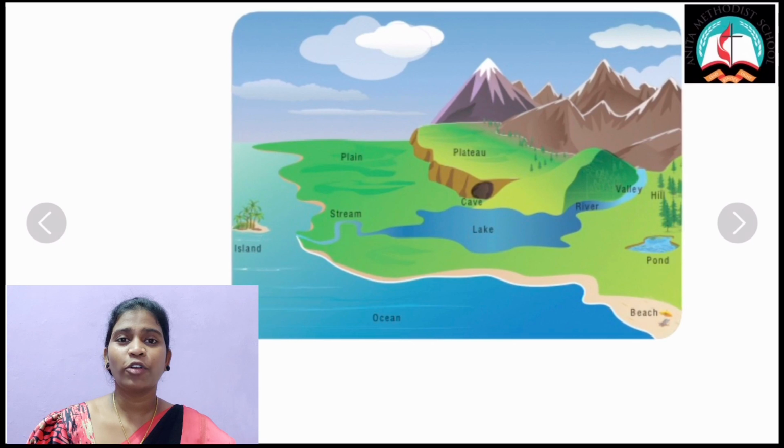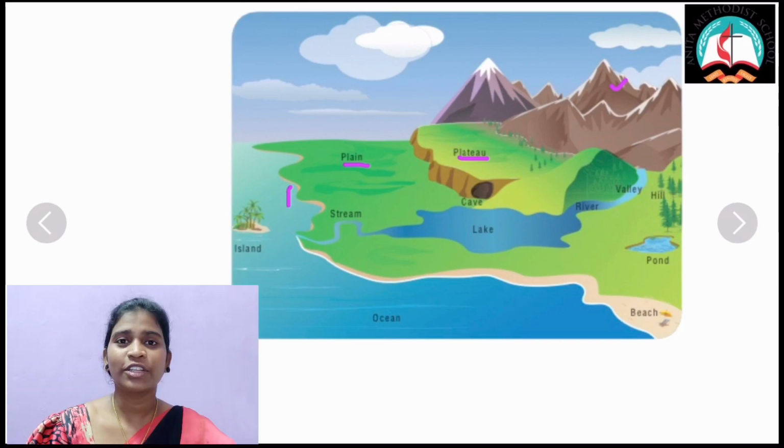Right. Before going into the topic, I just want you to observe the picture which is shown on the screen. Just look at the picture and identify what is the difference among them. So you can see plains there, plateaus there and mountains. What is the difference that you can observe among these three?